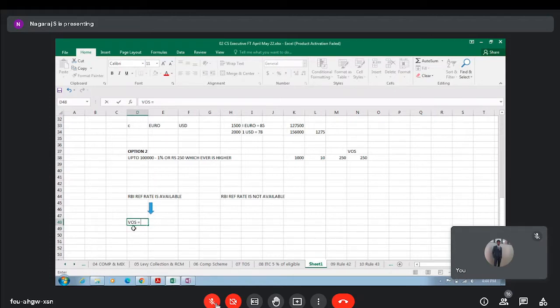Value of supply is equal to selling or buying rate minus RBI reference rate. I will solve the problem also with example one. Whichever is the higher one, put that one first. Need not be the same formula. If RBI reference rate is higher, put that one. Normally RBI reference rate will be lower than the buying or selling rate. Okay.